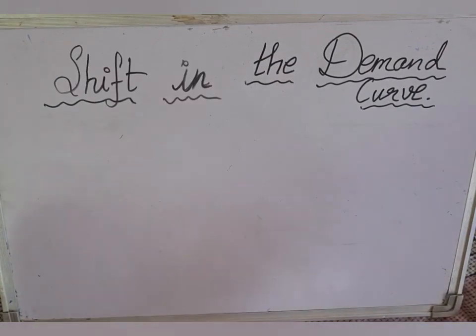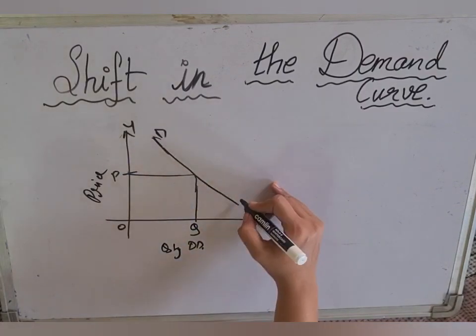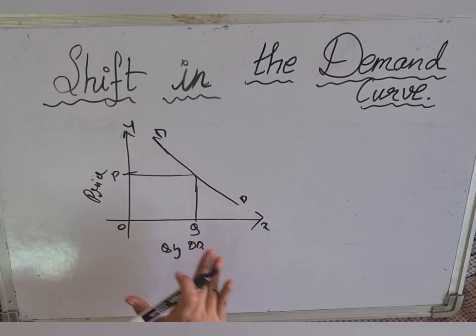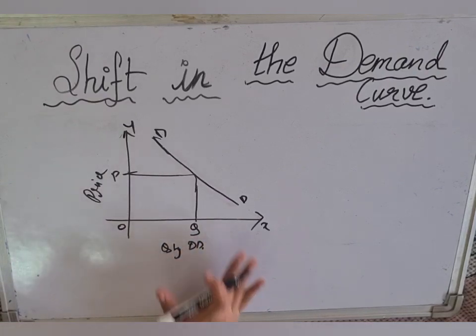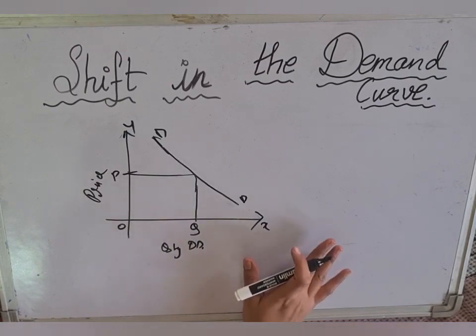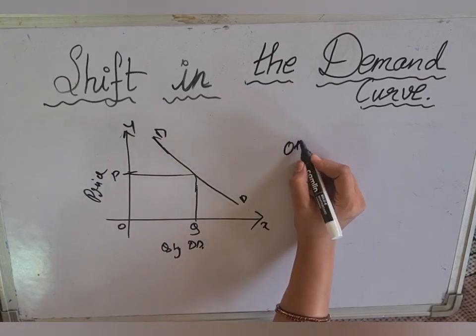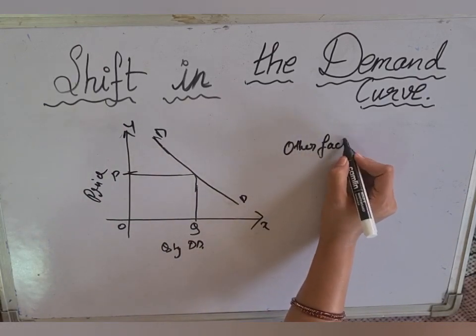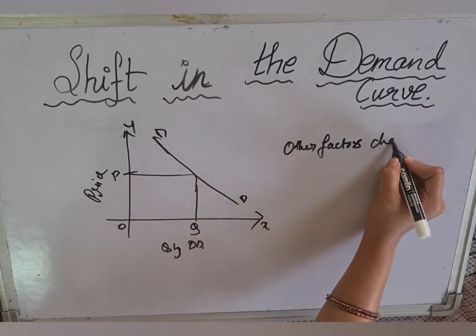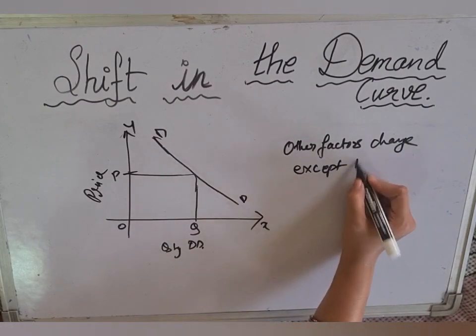So now shift in the demand curve. This is our given demand curve. At a particular price, a particular quantity is demanded. So we saw movement along the demand curve took place due to the change in price. Now how will the shift in demand curve take place? When other factors change except price.